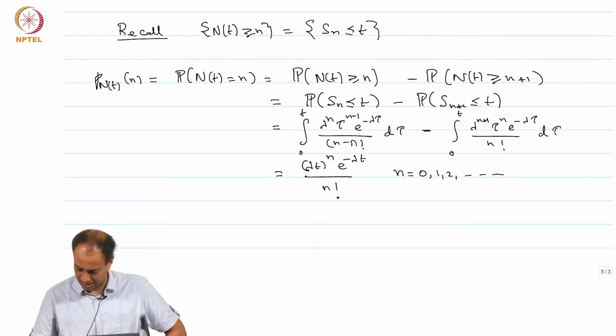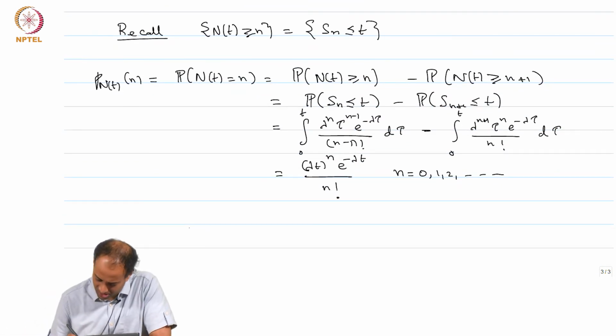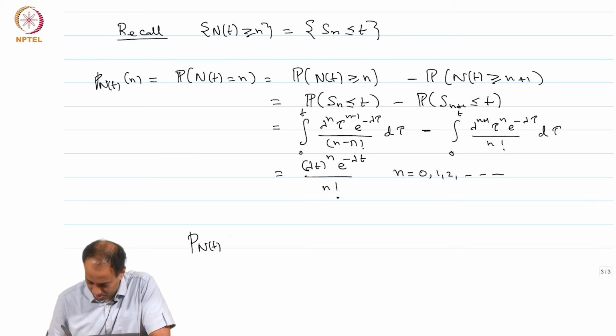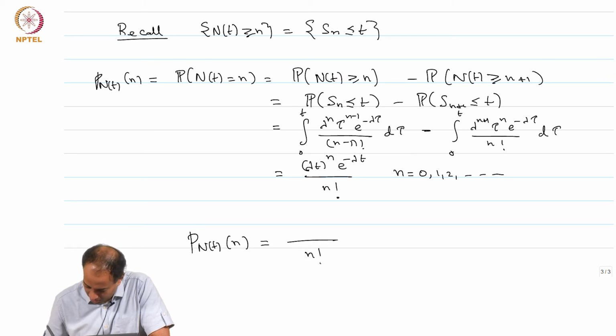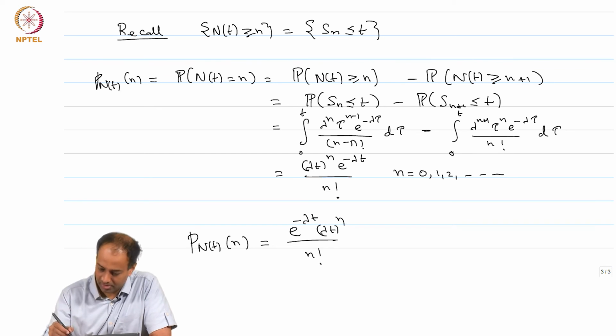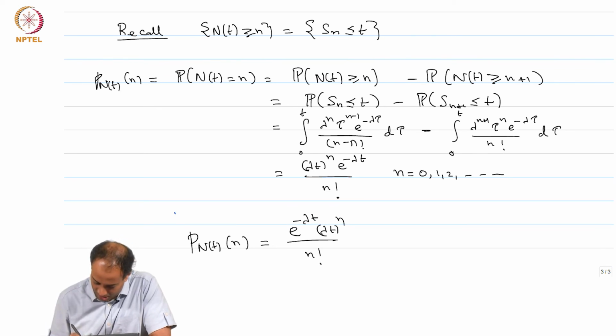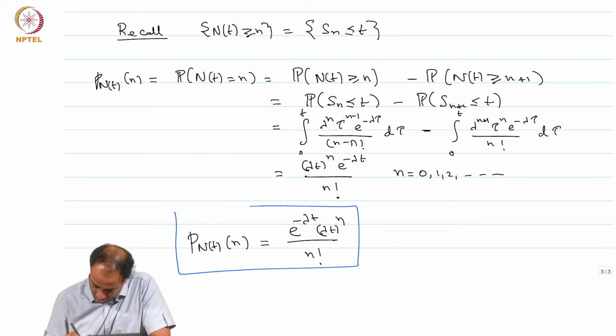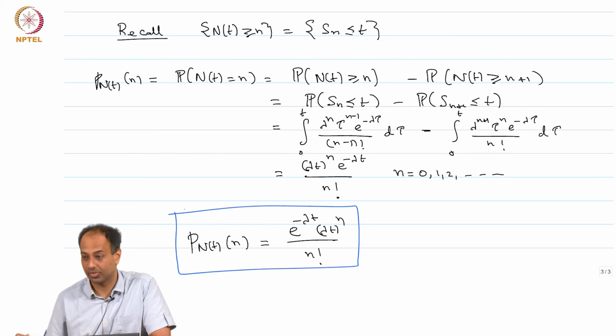So, this is worth putting in a box: P of N(t) equal to little n is equal to e to the minus lambda t, lambda t to the n, over n factorial. This is called the Poisson PMF.